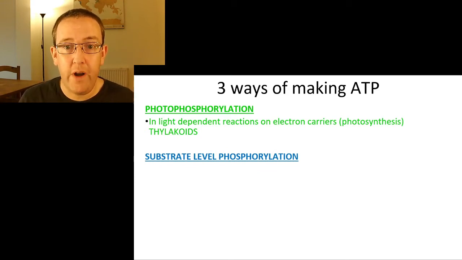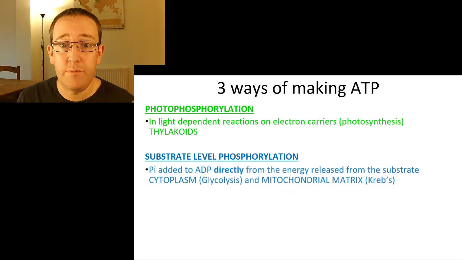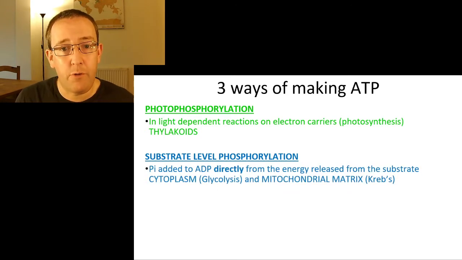Substrate level phosphorylation is essentially cramming phosphate onto ADP using the energy from certain specific reactions. So the phosphate is added directly to ADP from the energy released from the substrate. For example, that happens in the cytoplasm in glycolysis, and it happens in the Krebs cycle. That's where we've generated some ATP in the first place.